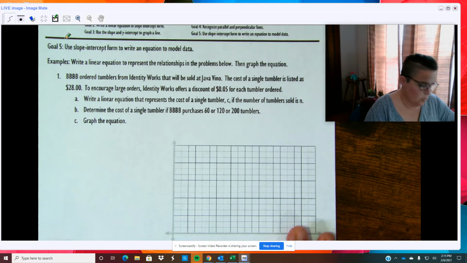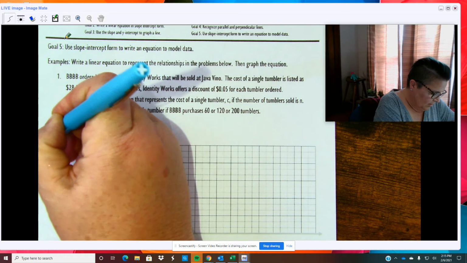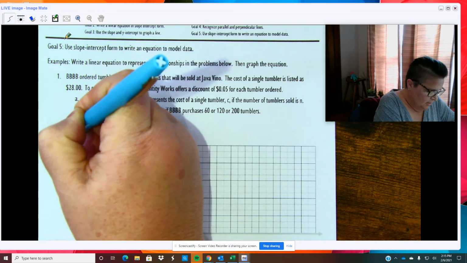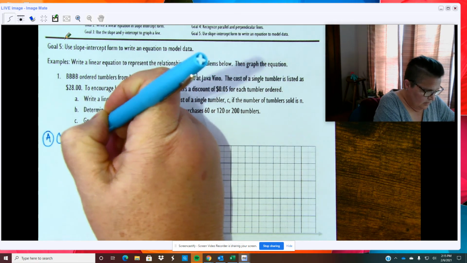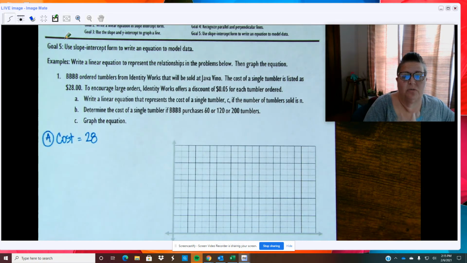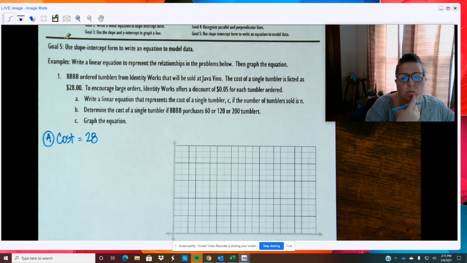Okay, so part A is a little rough, but let's see what we can do. The cost of a tumbler is going to be $28. We know that. That's our start. We're starting at $28, and we're going to take off discounts.